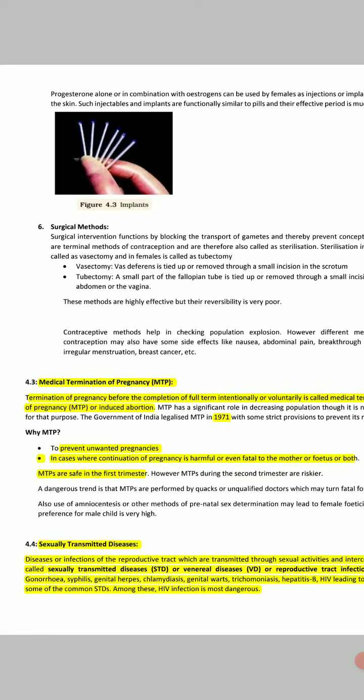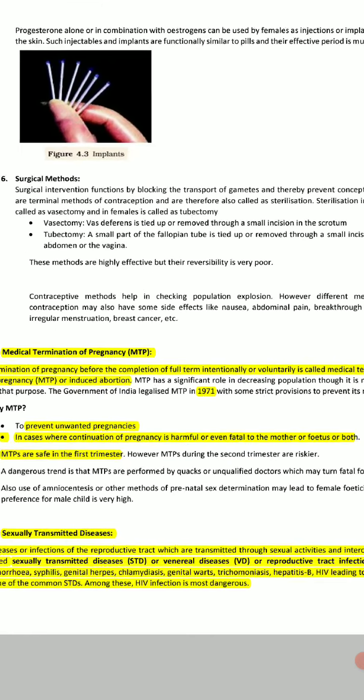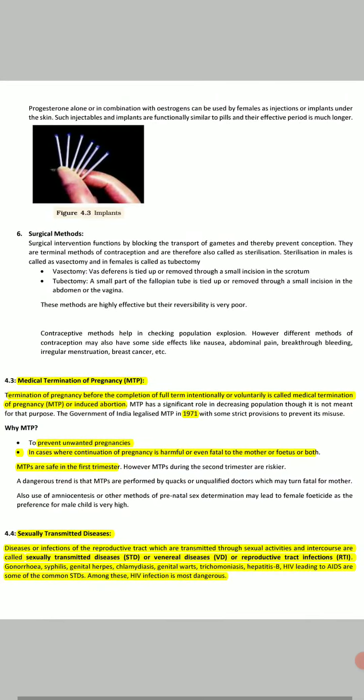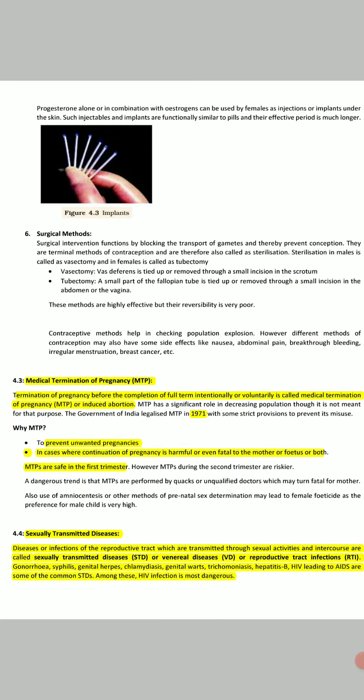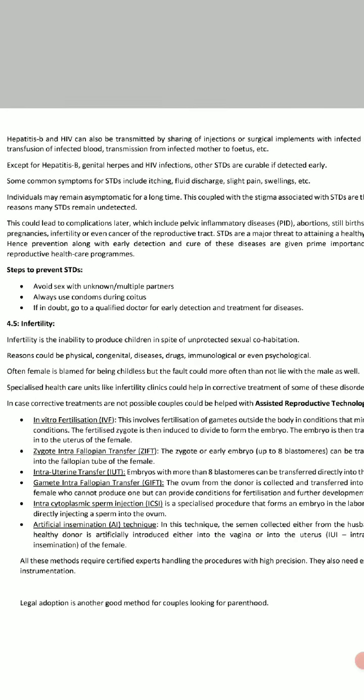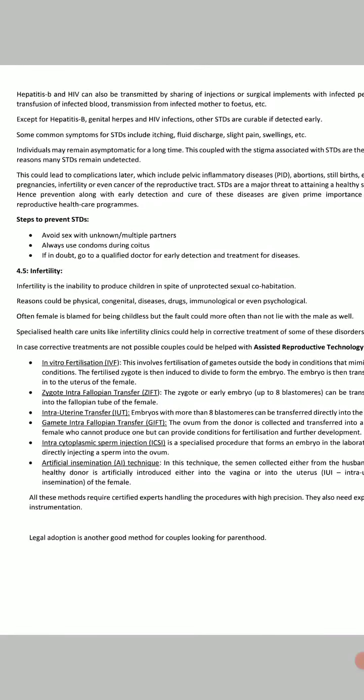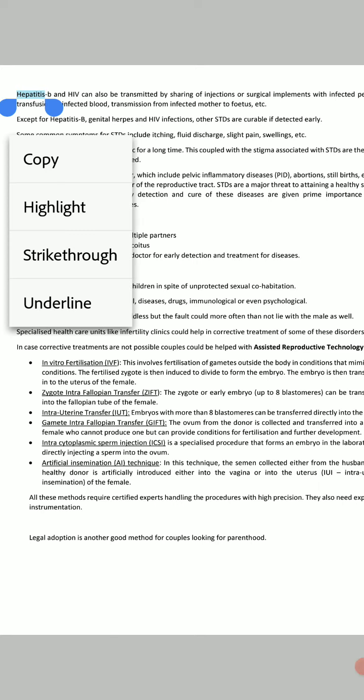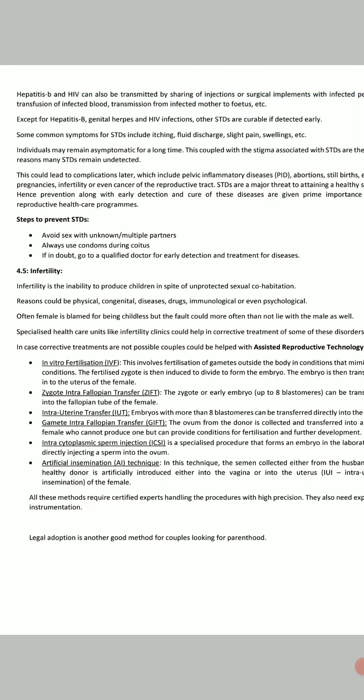So I am repeating again, how does STD take place in our body? The diseases or infections of the reproductive tract are transmitted through sexual activities and intercourse without protection. In this way STDs occur. Next, hepatitis B and HIV can also be transmitted by sharing of injections, not only by unprotected sex.